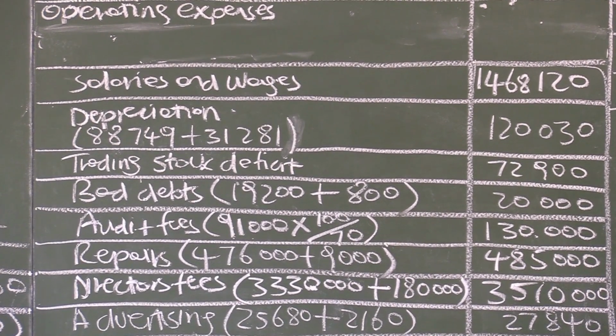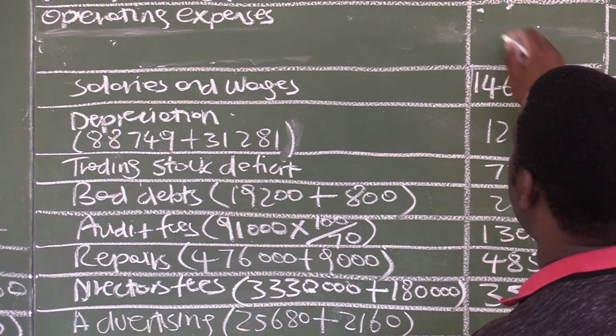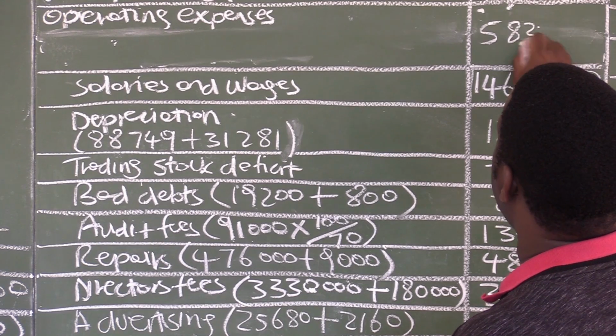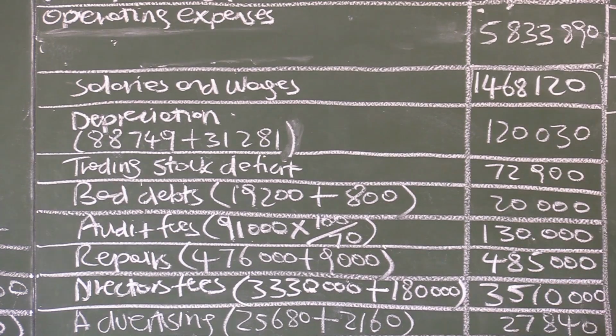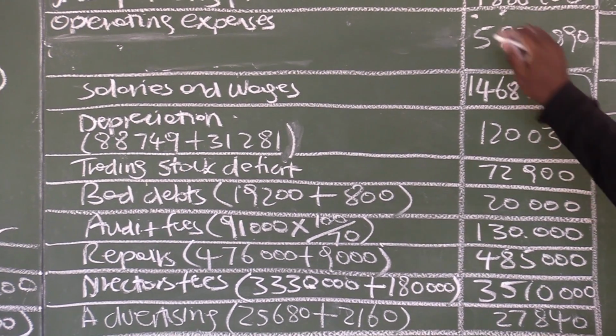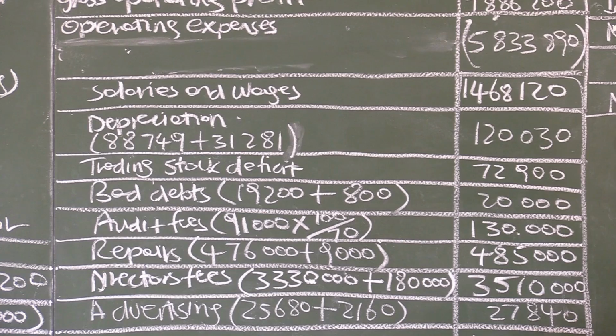This equals 5,833,890, and this should be in brackets.